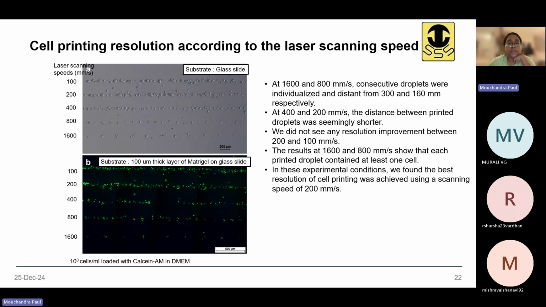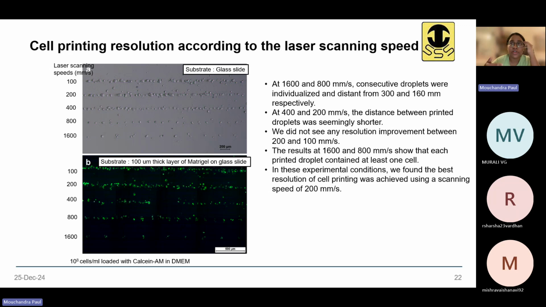You see, when you compare the same thing for a higher, like 400 mm per second scanning speed, to 200 mm per second scanning speed, here also you see the distance between the droplets becomes much smaller, because of the same reason that I explained just now.